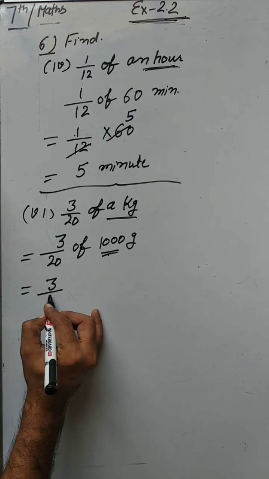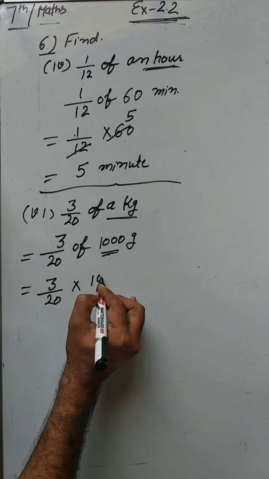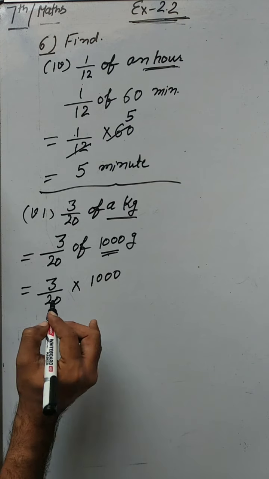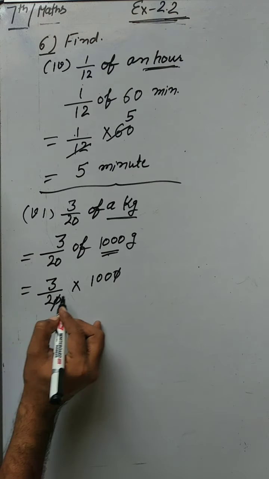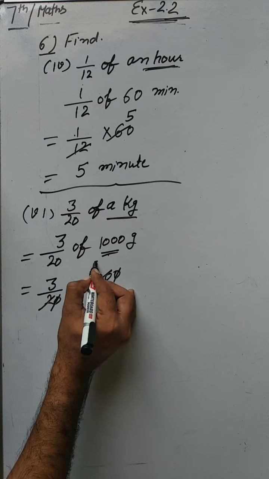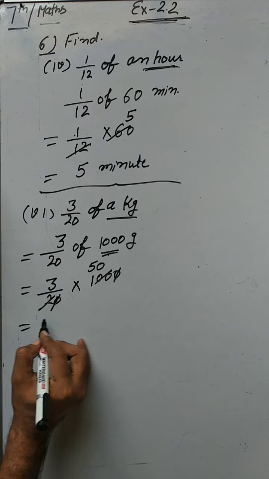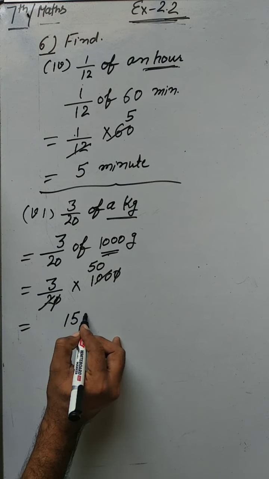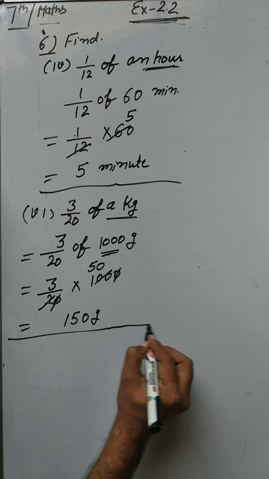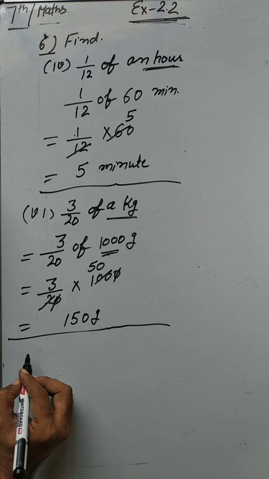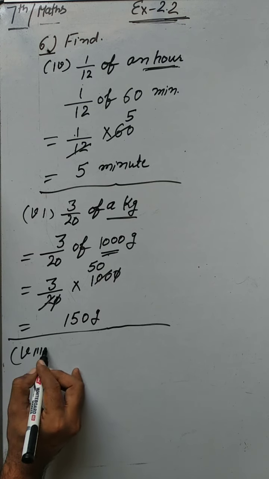Then solve. 3/20 multiplied by 1000, of means multiply. 0 cancels with 0, 100 cancels with 20, 5 twos are 10. So 3 into 50 is equal to 150. So it is 150 gram. Clear?